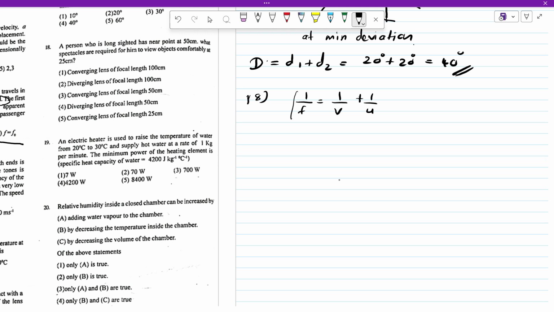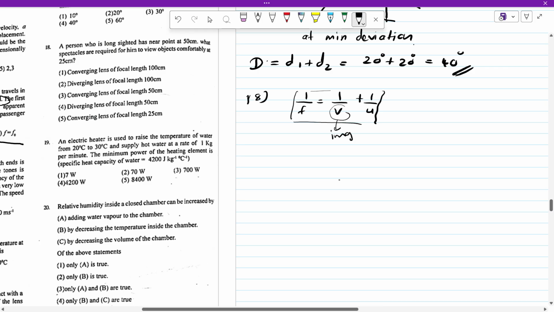That's the equation we use in optics. The lens of the spectacles makes an image at a distance of 50 centimeters. So the image is at 50 centimeters. This we use as the image.